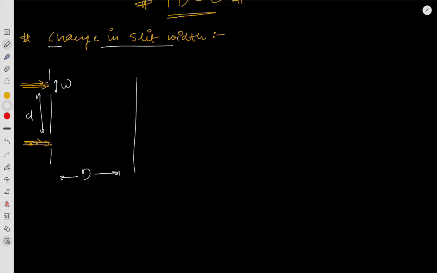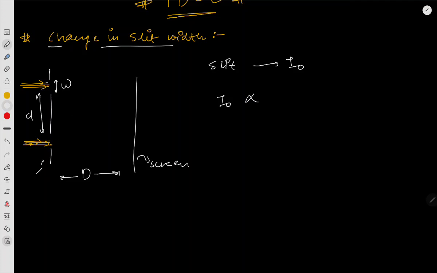So the thing to understand is the intensity on the screen. This is our screen. The intensity of light produced on the screen, if each slit is producing an intensity I naught, then this intensity is directly proportional to the width of the slits on the double slit plane.